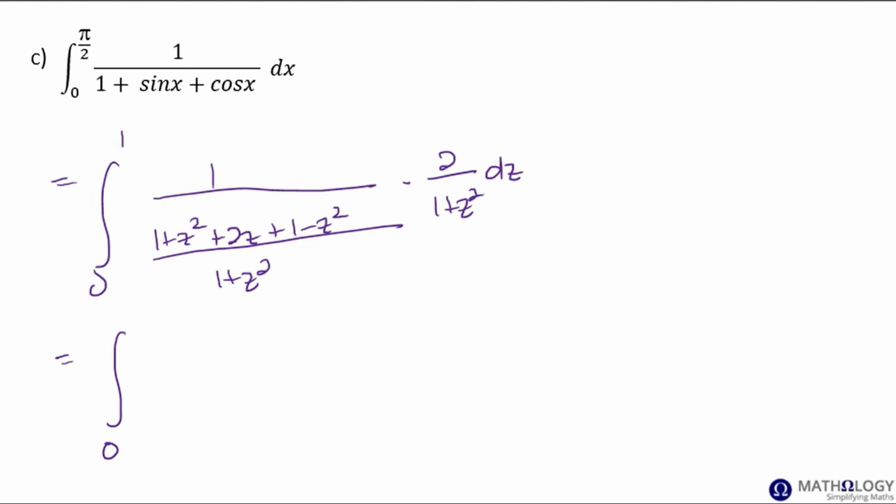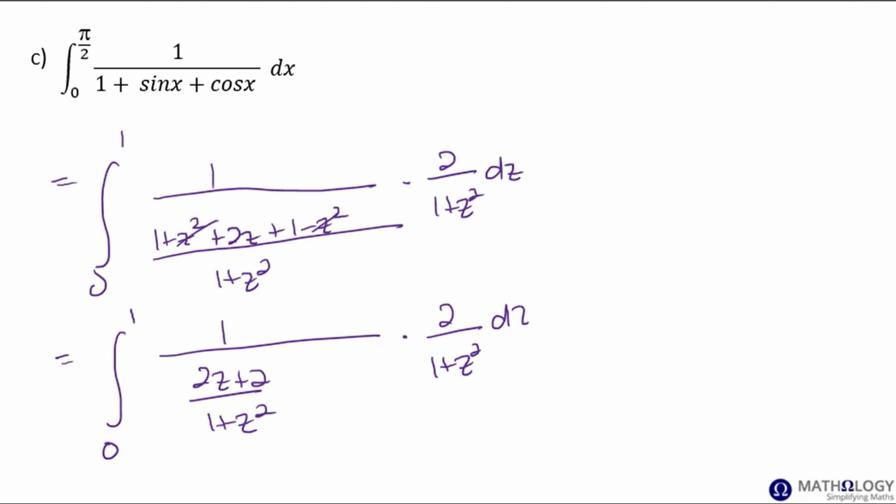Okay, so the integral from 0 to 1, 1 over, we have z squared minus z squared cancel, so it's 1 over (2z + 2) over (1 + z squared), times 2 over (1 + z squared) dz.